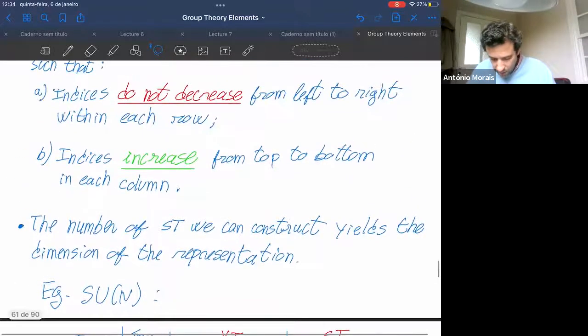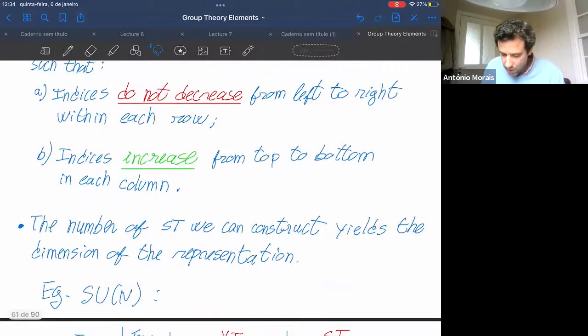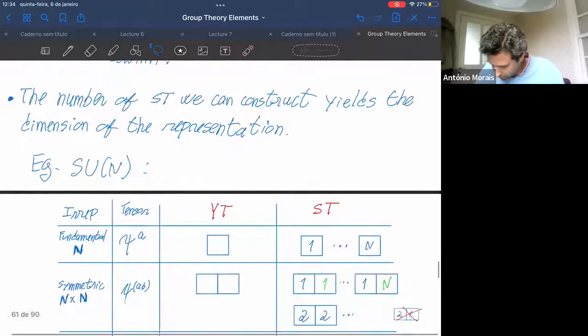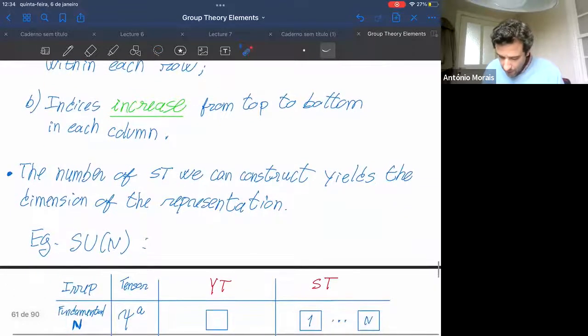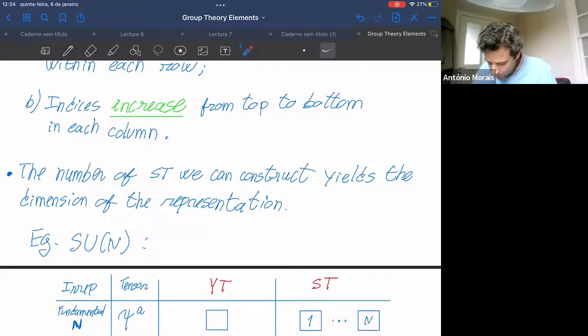It would violate this: indices would decrease from left to right. So 2 is decreasing to 1, and this is what we don't want. But we don't have rows, so columns, I mean, so this is not yet here.